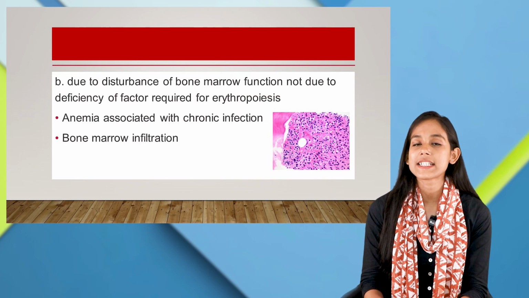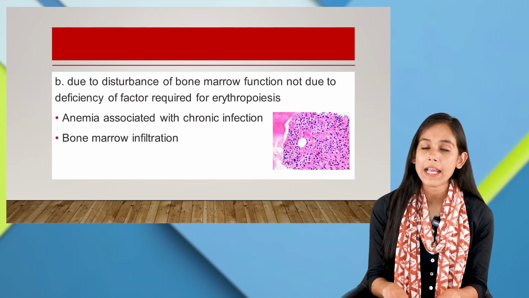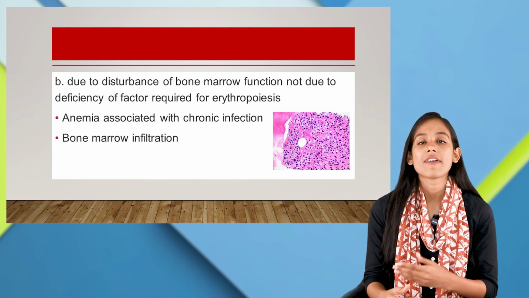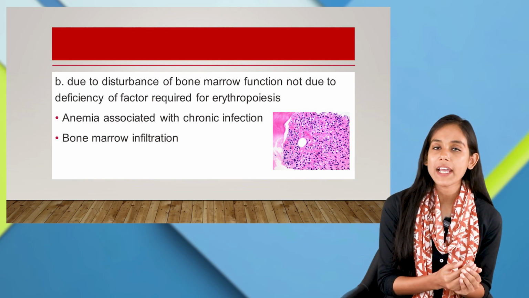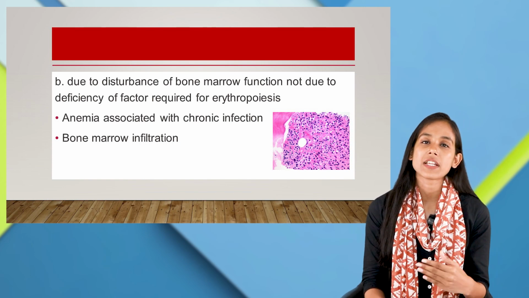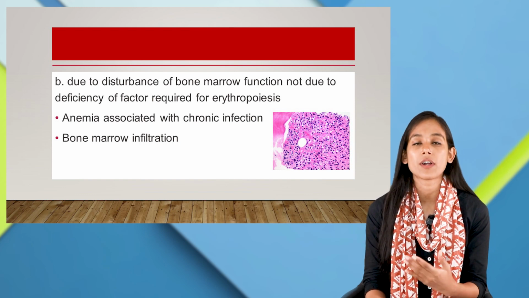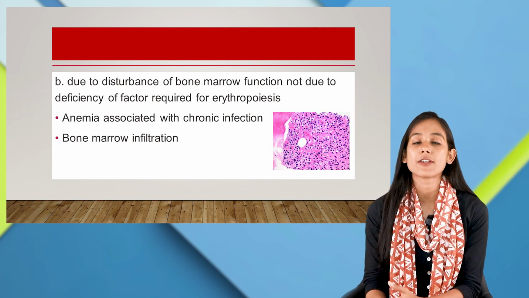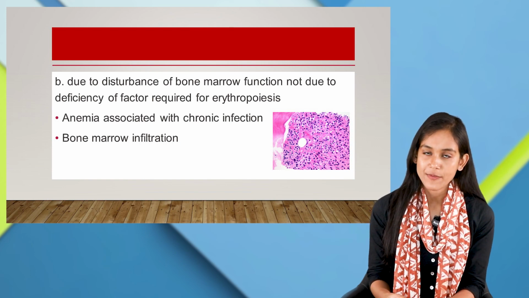Now the next one is again disturbance of the bone marrow function, but this time it is not related to the factors required for erythropoiesis. So there might be anemia associated with chronic infection. For example, if there is renal failure, liver disease, or disseminated malignancy, in all these cases again there might be bone marrow dysfunction.